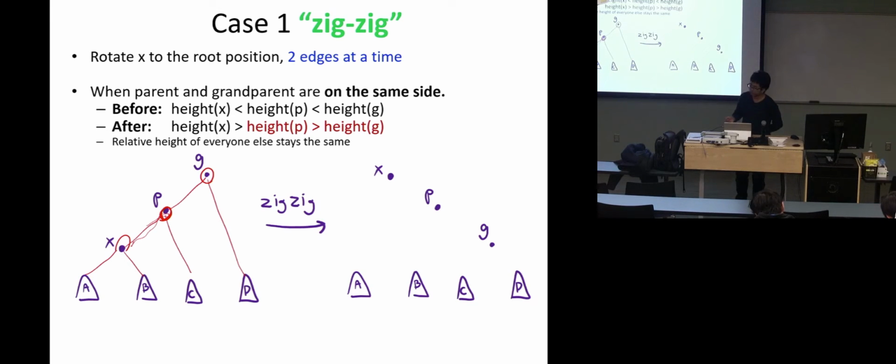Look at 2 edges at a time, and if p and g are on the same side, then do this. And once you do that, there is a unique way to connect them. Clear? Question?